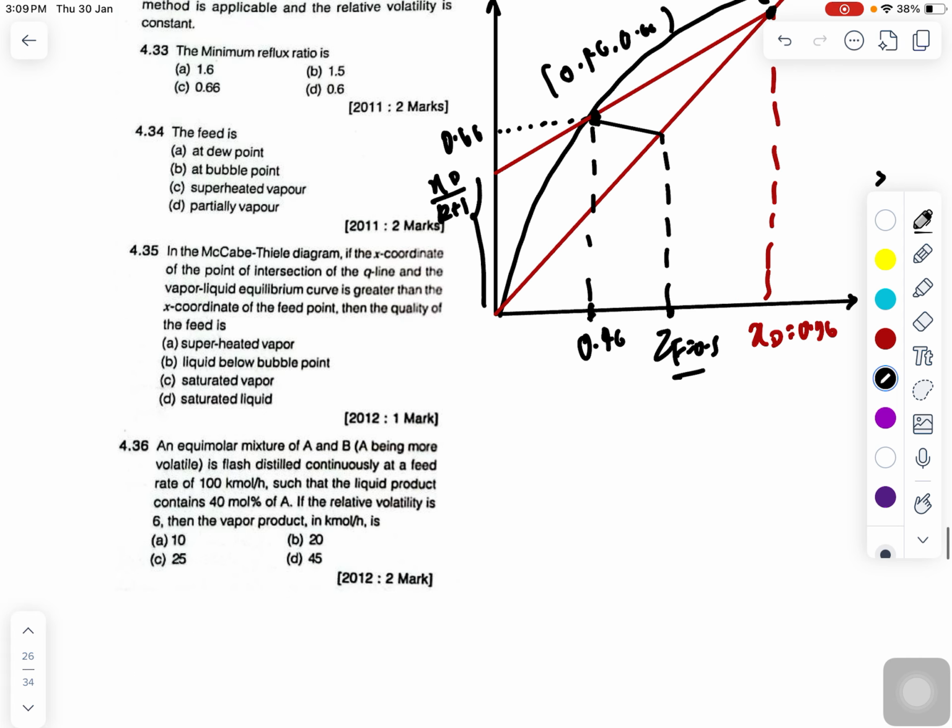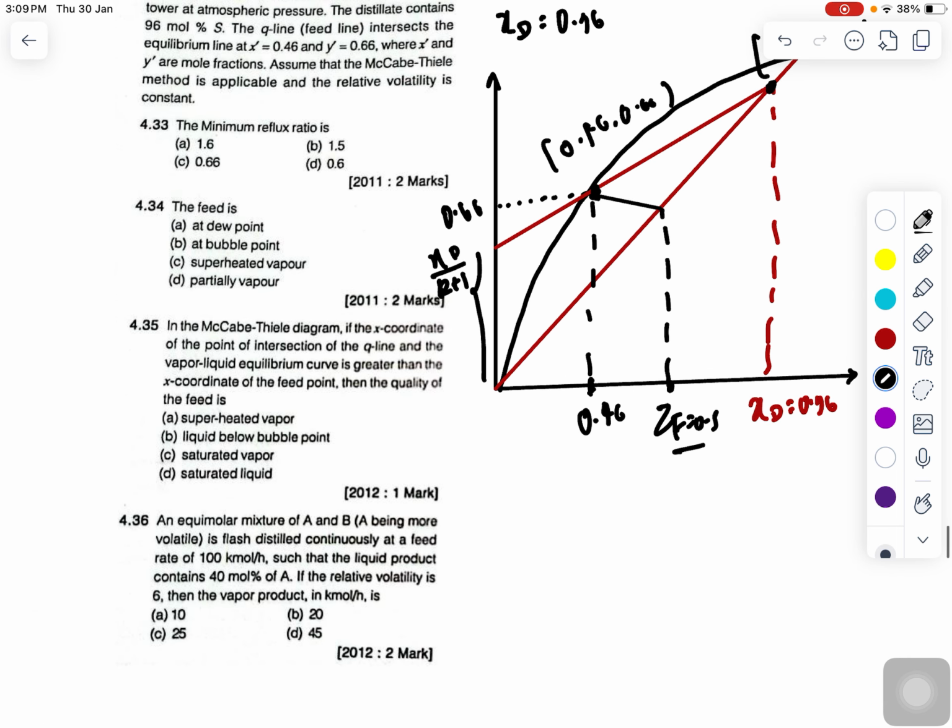One more thing is that whenever the q line and the rectifying section line cut at a point on the equilibrium curve, that works as the minimum reflux ratio point. So when we talk about the slope of this line, the intercept is not known to you.